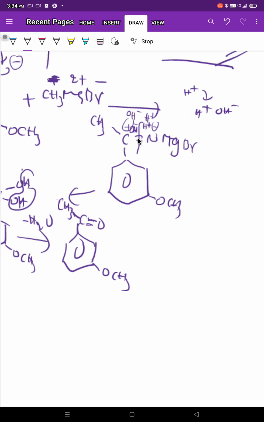Here there are 2 bonds, and then 2 H plus and 2 OH are observed. Nitrogen is more electronegative than carbon, so this is negative and this is positive. Then 2 OH minus groups are attached to the carbon, and 2 H plus are attached to the nitrogen.